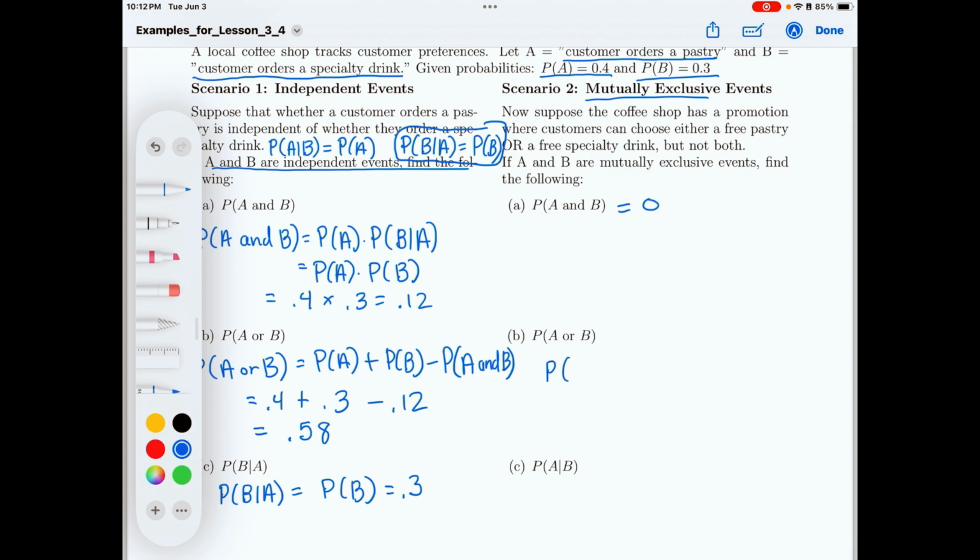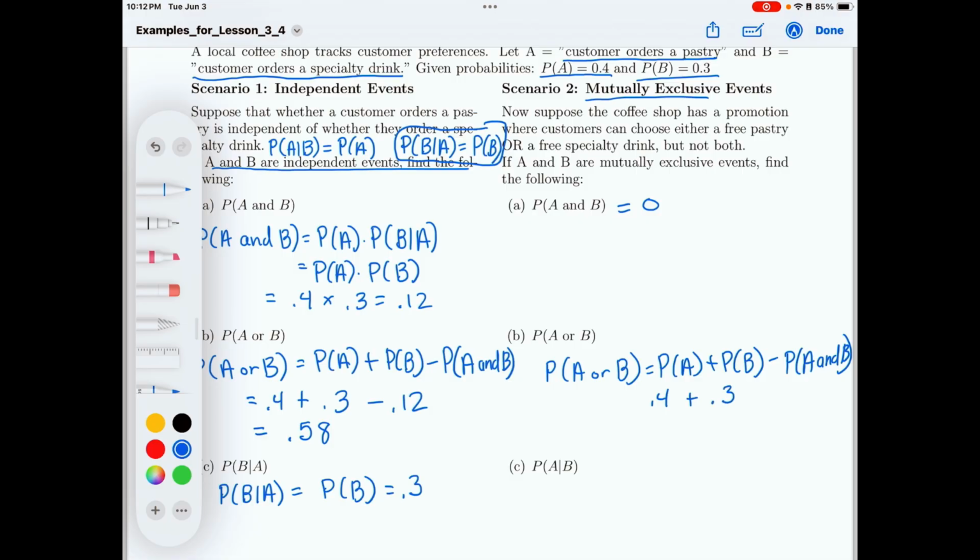For part B, the probability of A or B, with our addition rule, we have the probability of A or B as the probability of A plus the probability of B, and then we subtract the probability of A and B, but we know that that's 0, so we don't have to worry about it.